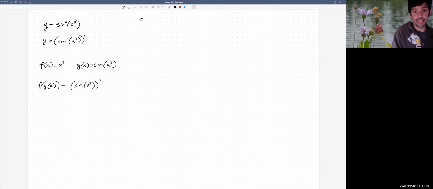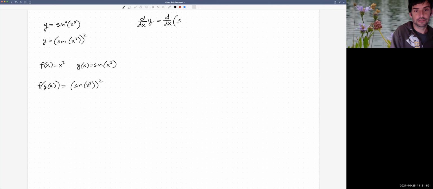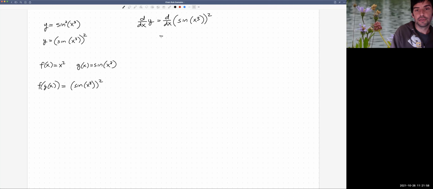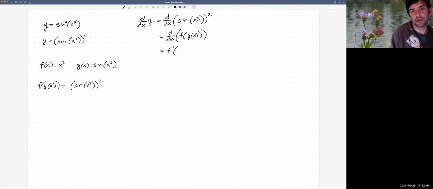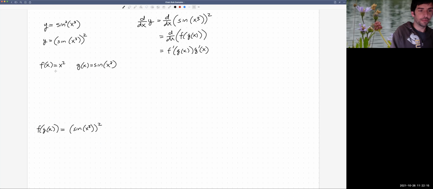So taking the derivative of this function means taking the derivative of f of g of x, which is of course f prime of g of x, g prime of x.